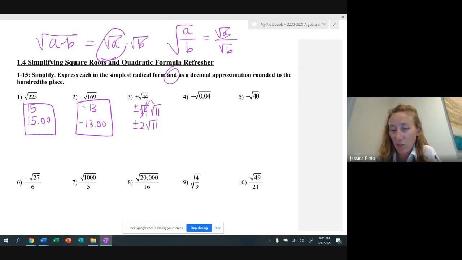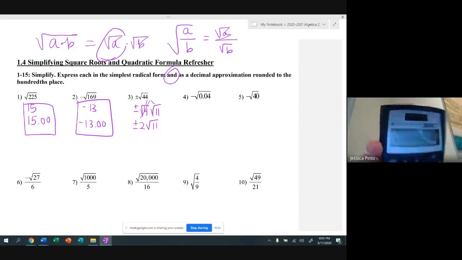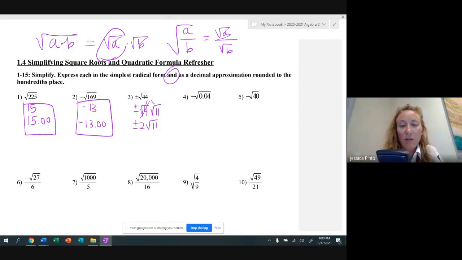So times 2, and I get 6.633. Since there are threes, I round by not rounding up, so 6.63. And that's it. These are my two answers.